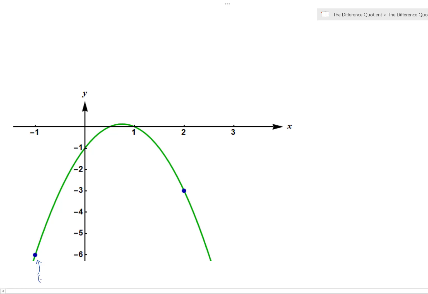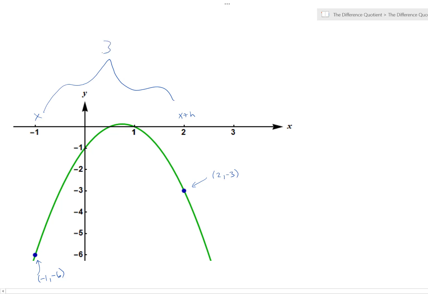Here's the point negative 1 comma negative 6, and here's the point 2 comma negative 3. And so you see the horizontal change from x's negative 1 to x plus h is 2. That horizontal change there, that is a total of 3 units.